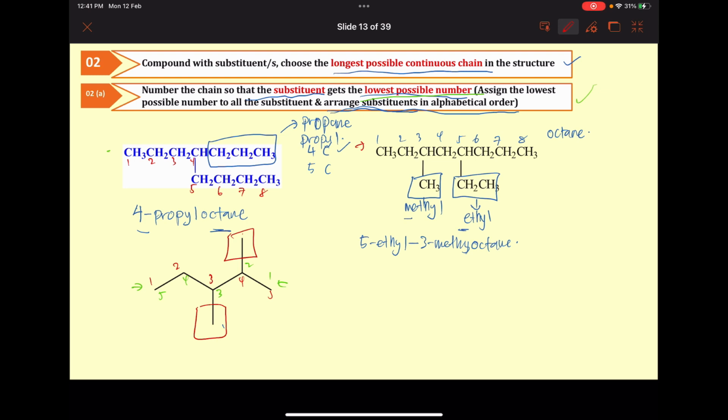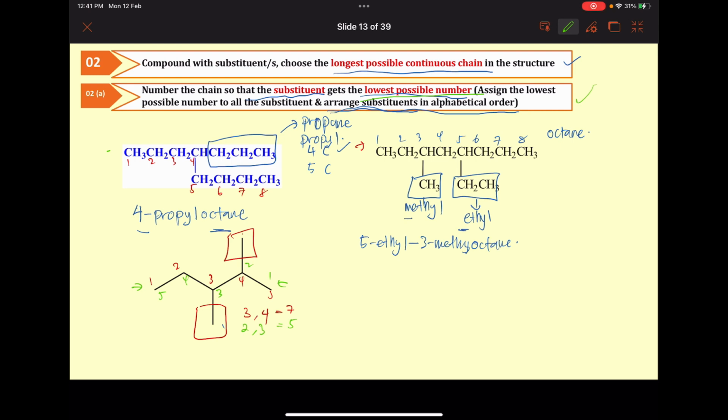The red root dia akan bagi the substituent attached to the third carbon and the fourth carbon. Meanwhile, for the green root, the substituent attached at the second carbon and the third carbon. So which means kalau kita tengok sini, total is 7, and then this one total is 5.